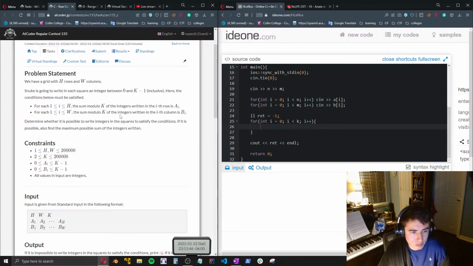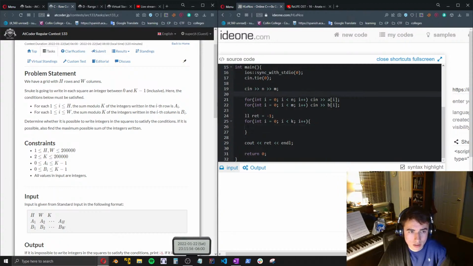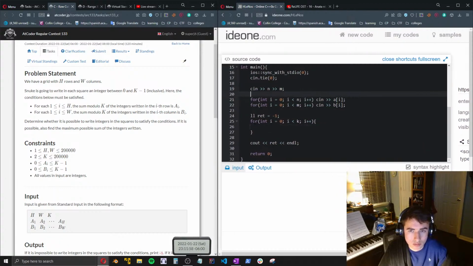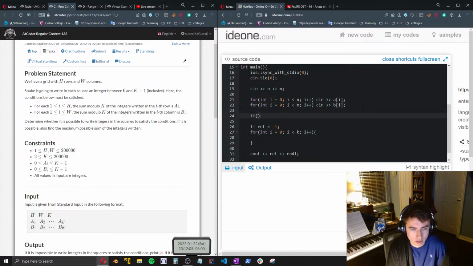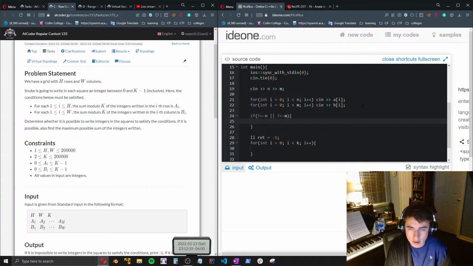Why can't n and m be guaranteed greater than or equal to 2? Alright, let's just deal with the n or m equal to 1 case separately. So let's do it.